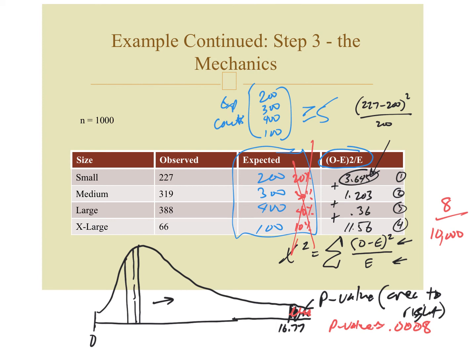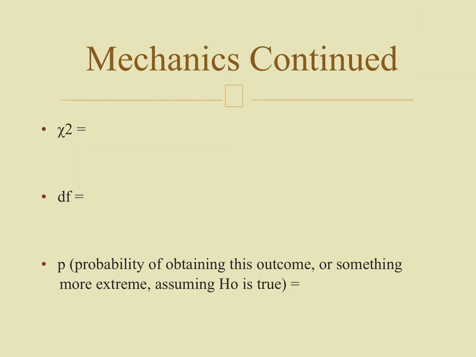So maybe this is our first month of selling t-shirts, and it just turned out we were bad at guessing our inventory. So as we move on, then, what we need to make sure to list is the chi-square test statistic, which I put on that last one, but I'll note again here, is 16.77.